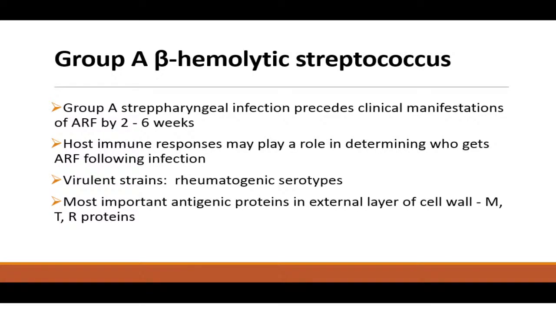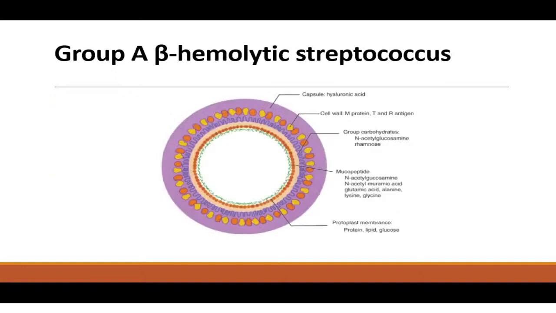And there are some important antigenic proteins in the external layer of streptococcus. M, T, R proteins are the most antigenic and cause cross-reaction. So you see the scheme of the streptococcal body and where these antigenic proteins are located.